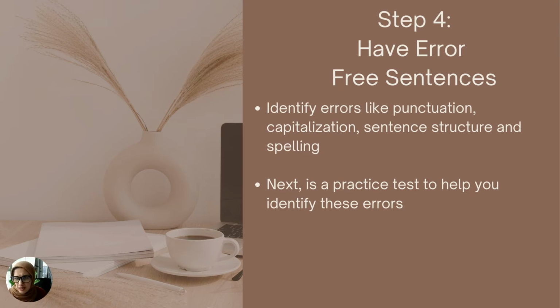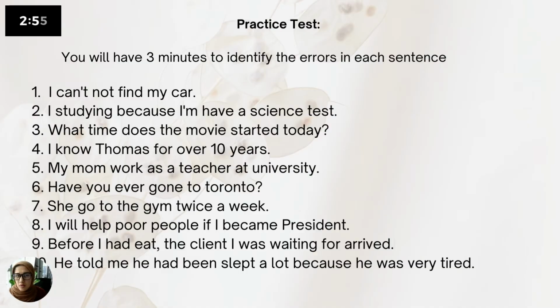And I'd like you to identify these, and I will provide you the answer at the end. This will really help you in your IELTS writing section, whether it's writing task 1 or 2. So get a pen and paper, and here we go. You'll have 3 minutes.